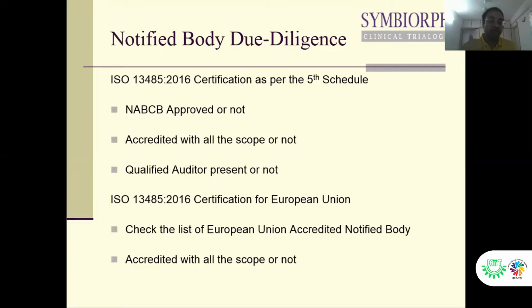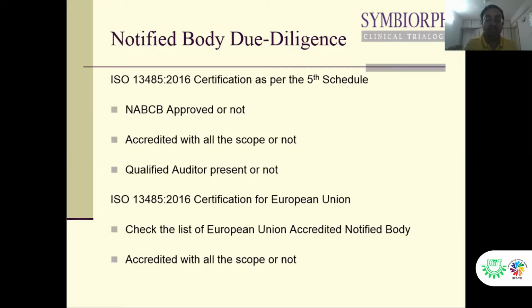Now the third, which is very important, is whether they have qualified auditors in place, because ISO 13485 for medical devices is a very niche area right now, and many certification agencies might not have well-qualified auditors. If they don't, it will have a direct impact on your quality management system.